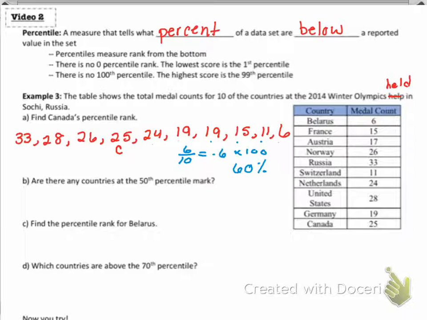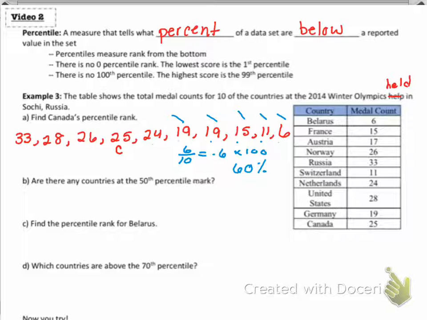Then part B says, are there any countries at the 50th percentile mark? And that's a yes. There will always be a 50th percentile mark. To calculate that, I ask which one scores more than 5 of them, because 5 is half of 10. So I'd count backwards, up to here. I go 1, 2, 3, 4, 5.